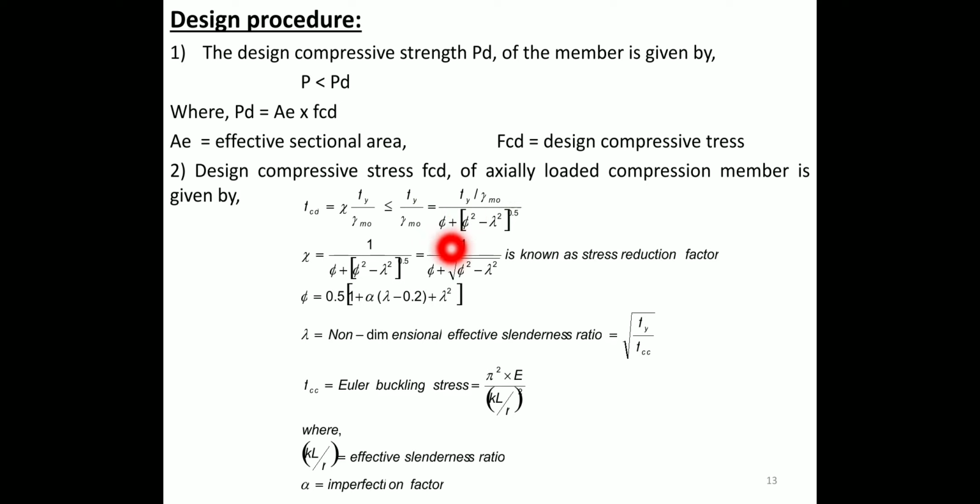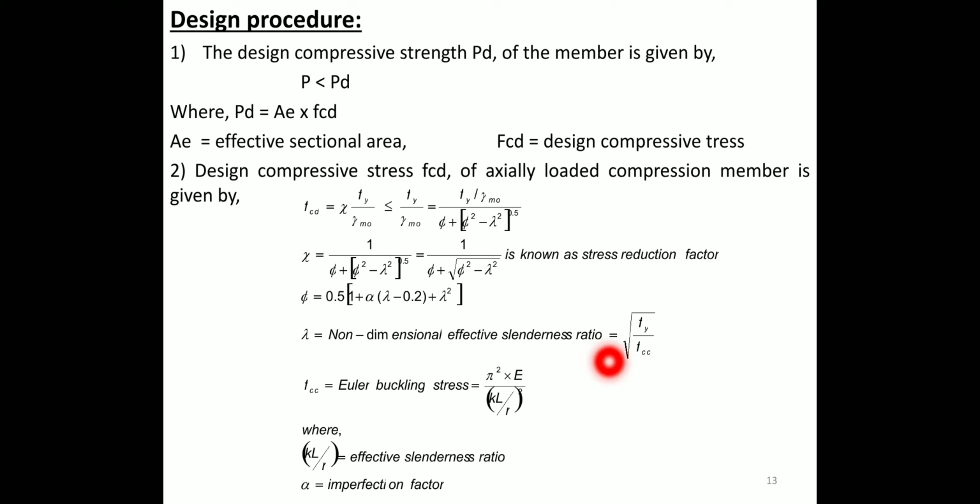So chi may be written as 1 divided by [phi plus [phi square minus lambda square] raised to 0.5].